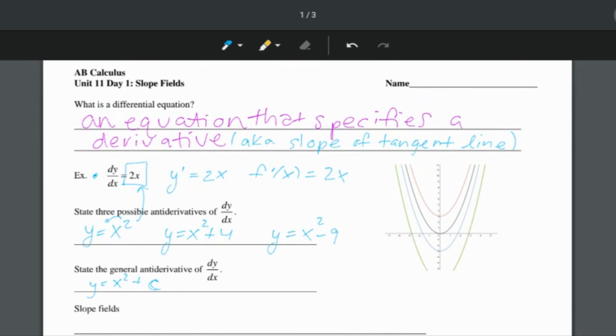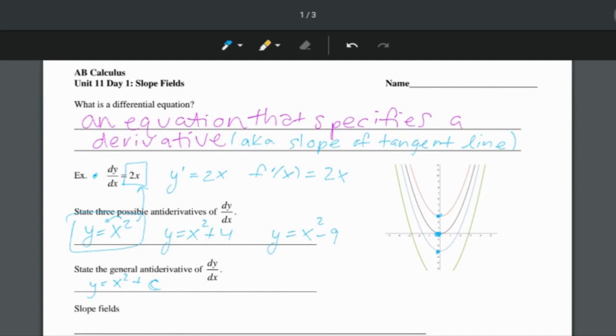We said it could have just been x squared. This first one, x squared, would be going through the origin. This one would be x squared plus 3, moving it up 3. We've got x squared minus 3, moving it down 3. And then the green one is moving it down even further. But we just have a few possible antiderivatives graphed there.